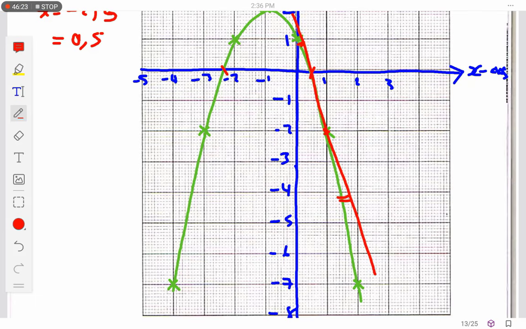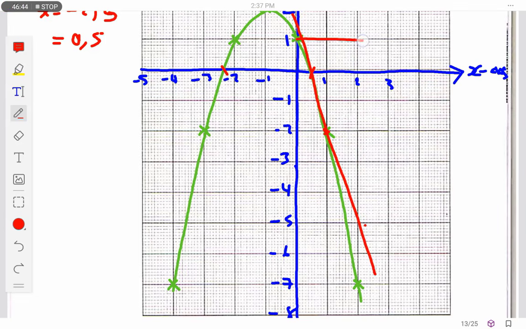And you take extreme values. In this case, I'm going to take this point here, and then another point, which is this one.